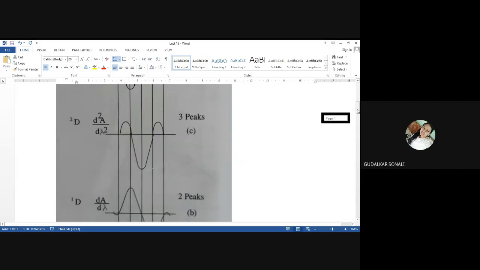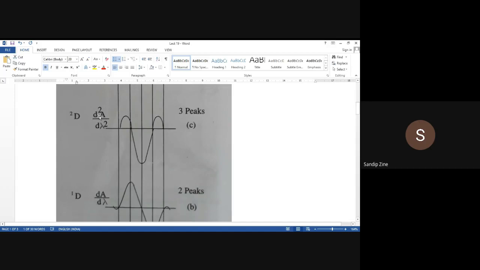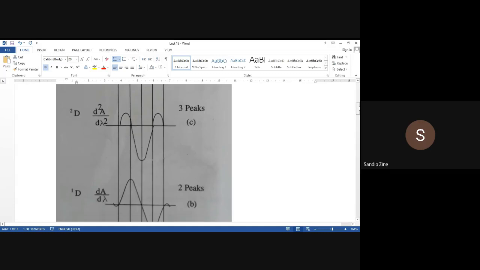D2A by d lambda. Yes, very good. So this is the 2D. D2A divided by d lambda square, and we are getting three peaks over here, isn't it? In first order derivative, two peaks. In second order derivative, three peaks. So the graphical output is the same, d2A divided by d lambda square.